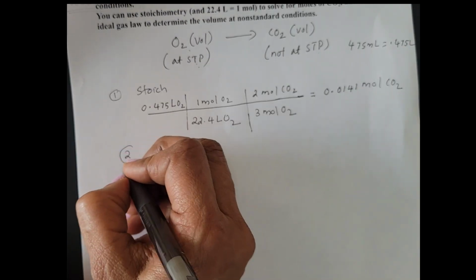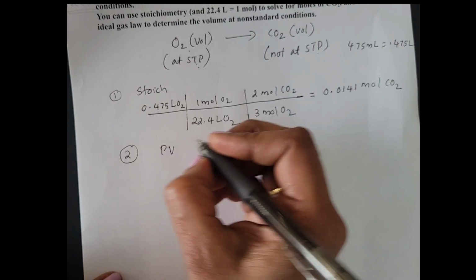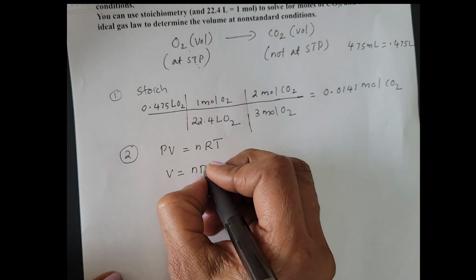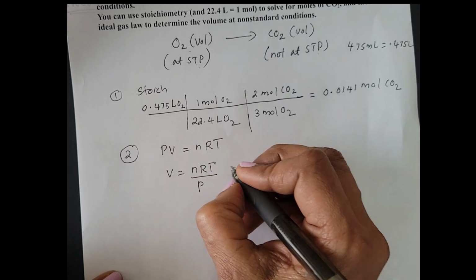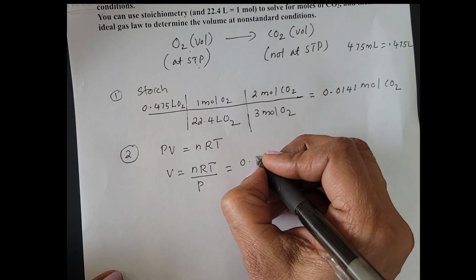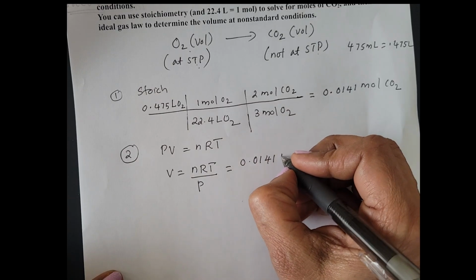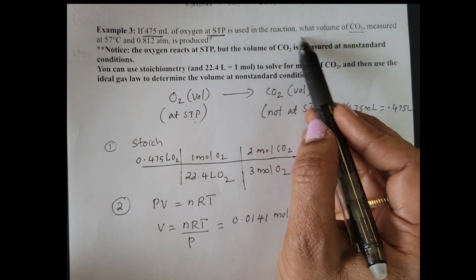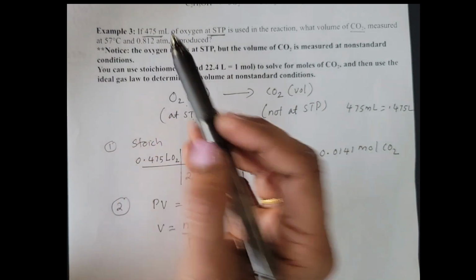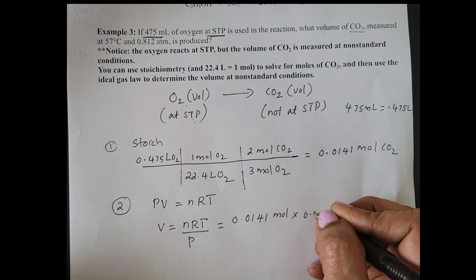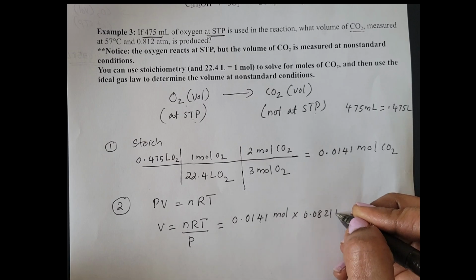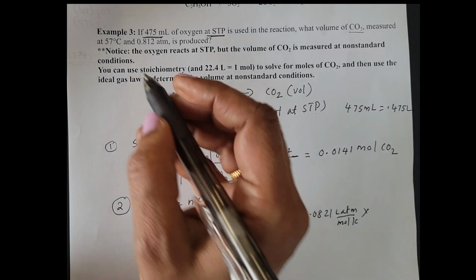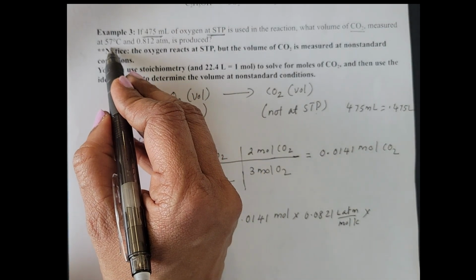Then second step, we are using the ideal gas equation to find volume, which is nRT divided by P. n is the one we already got from this calculation, that is moles, and R, we are going to see what the unit of pressure is. It is in atm, so R is 0.0821 liter atm per mole Kelvin, and temperature is 57 degrees Celsius.